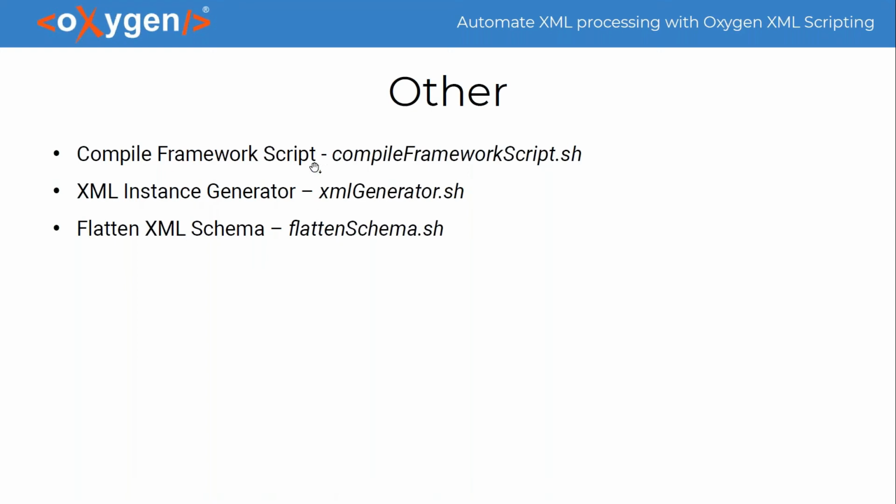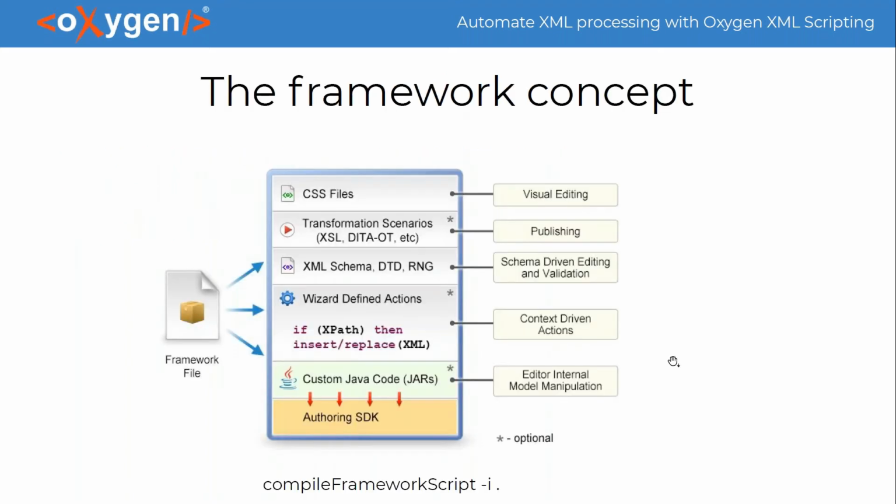And this compile framework script, it's something new introduced in the last version of Oxygen. Before presenting it, I also want to make sure I tell you what the framework concept is in Oxygen. So a framework is a bundle of resources together with a configuration.